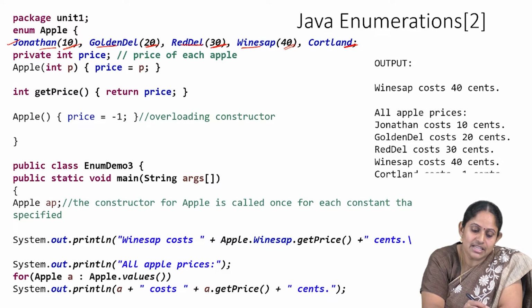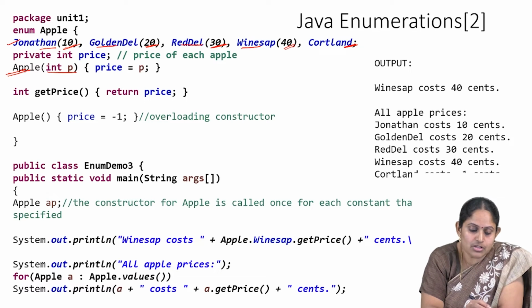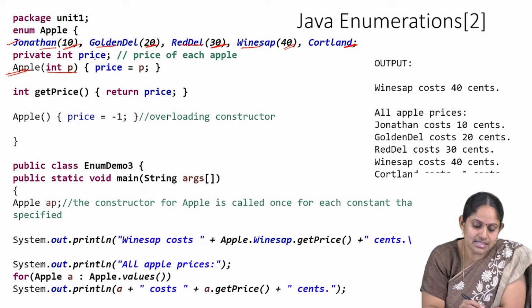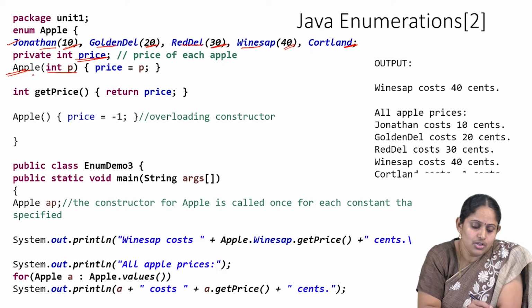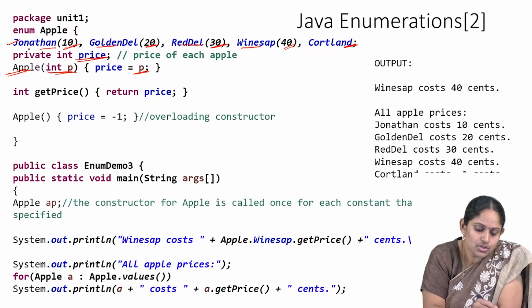To initialize these values, we are using the constructor Apple, and we are passing int b. And also this enumeration Apple contains an instance variable named price. So the constructor is used to initialize the price to the value which is being passed to it. So there are two constructors.